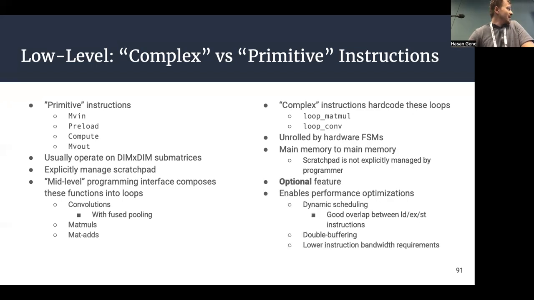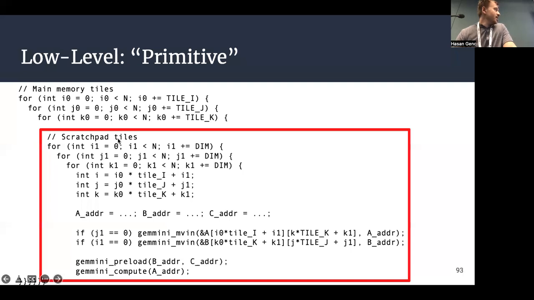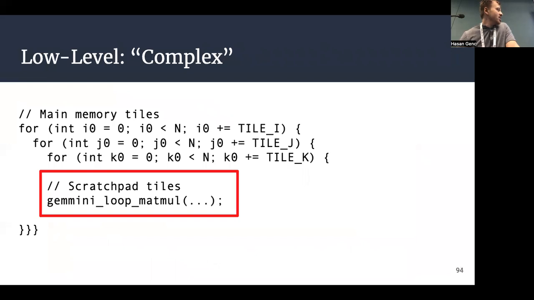So if we look at an example here, we might have a nested set of loops, which use these low-level instructions one after another, right? And we might have several layers of loops which each add their own software overhead, right? But we have these complex instructions which just fix the encoding for some of those loops into a single instruction, right? And this reduces CPU instruction fetch and issue bandwidth requirements.